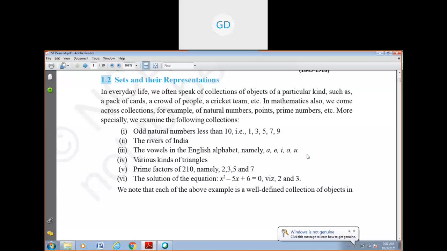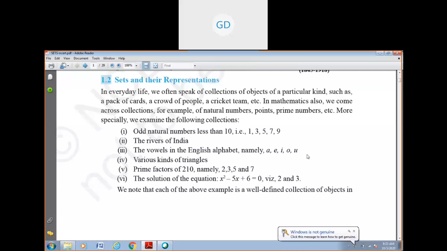Well defined means what you are going to collect must be distinctly defined, so that at the time of collection you do not face any confusion, you do not face any problem. You comfortably pick up that object, that element, that good. So this is the meaning of well defined. When objects to be collected are well defined, then the collector does not have any problem to pick up the elements, the objects, the goods for the collection.